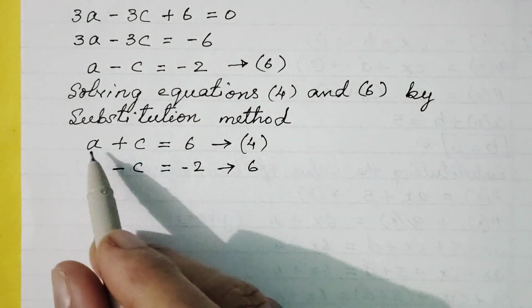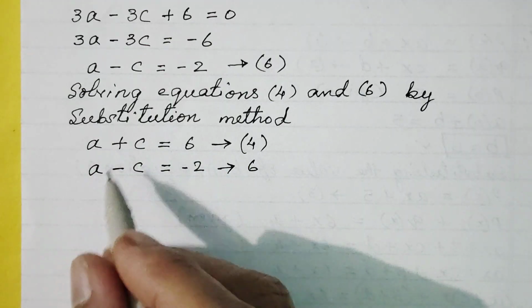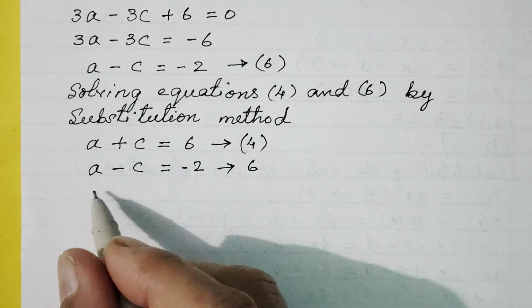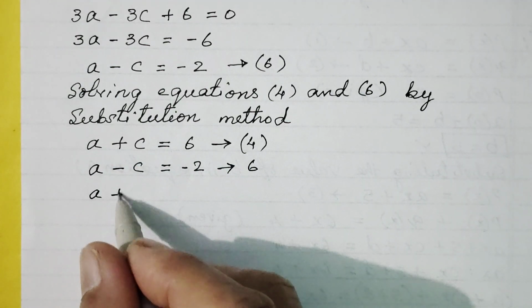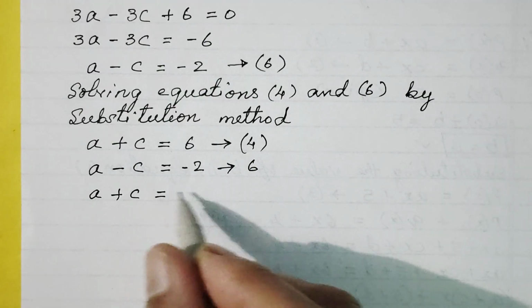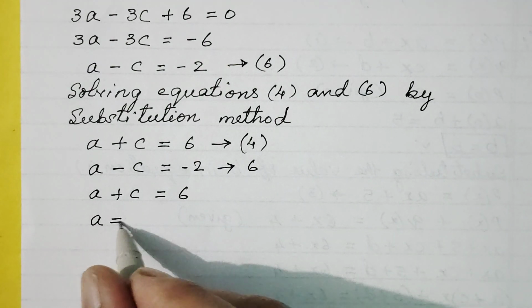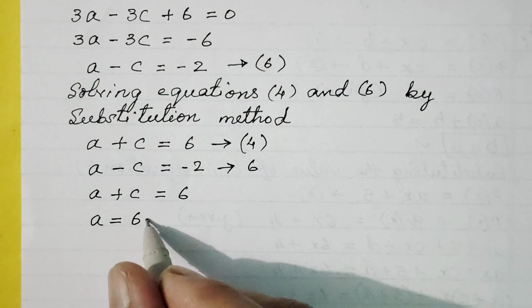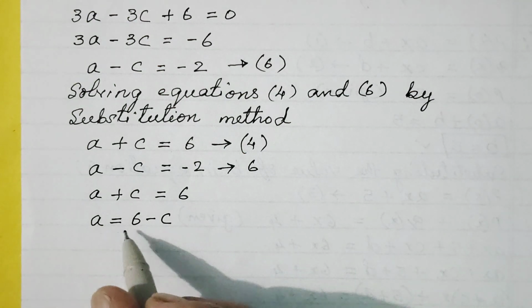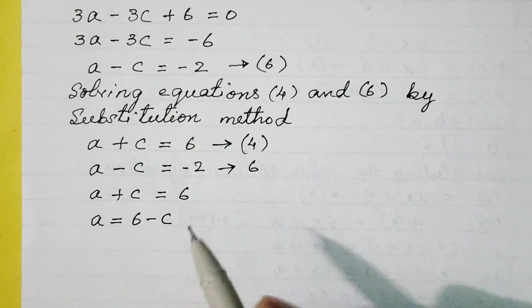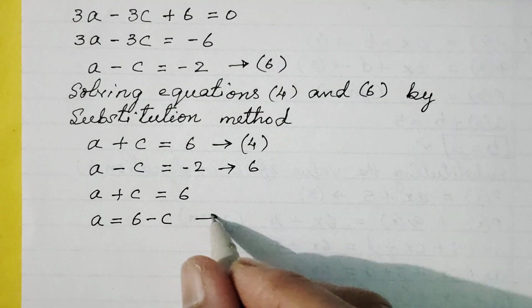So I will take the equation a plus c equal to 6 and transpose c to the right side. So we will get a equal to 6 minus c. I will label this equation as 7.